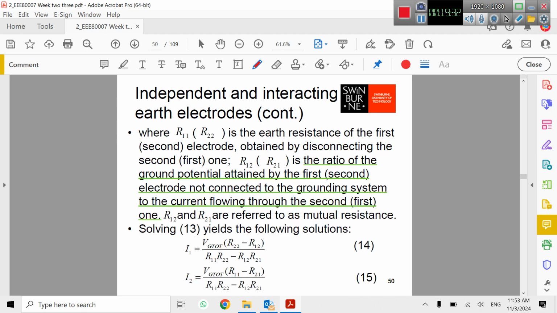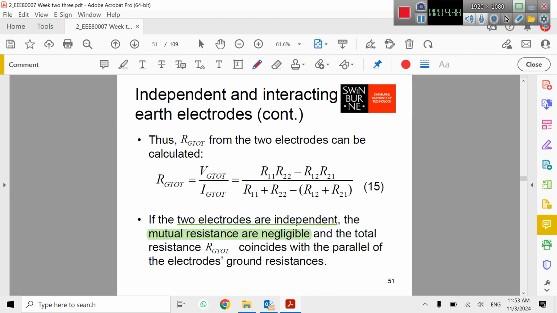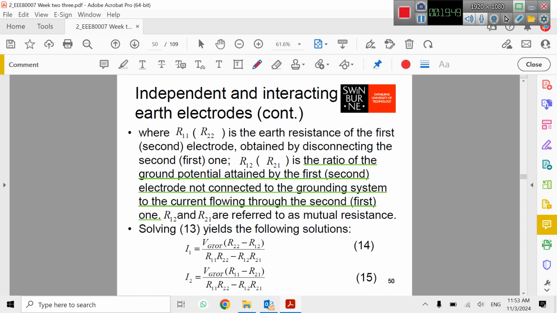So in the case that we need to cover the RG total, meaning the total current, we have to consider V total and I total. I total is given, but V total has to be calculated by these values which I mentioned.